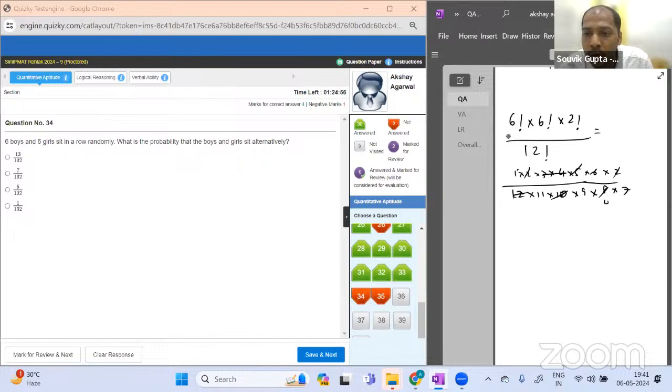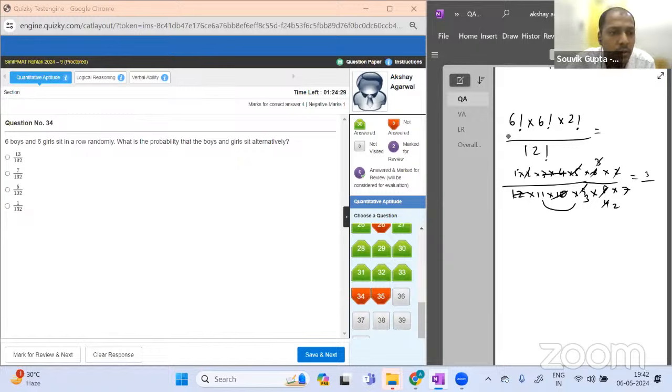So 2 goes 4 times, 2 goes 2 times, 2 goes 3 times. In the numerator, I think only a 3 is left. In the denominator, 11, 7. 3 also cancels, 3 goes 3 times. 11 into 42. Okay, mistake here.